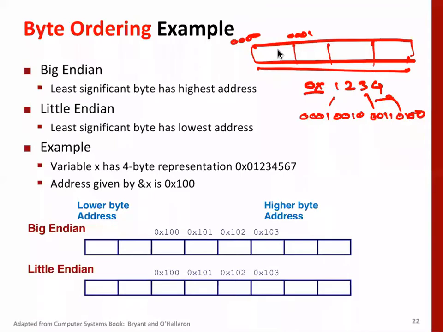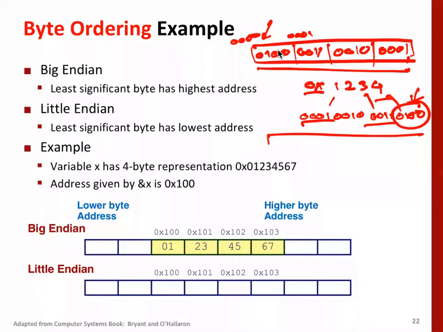Now the question is which one you are going to put where. One way of thinking is that this is the least significant byte and this is the smallest address, so put 0100 here, the second one, 0011, here, the third one, 0010, here, and then the MSB will be at the highest address, which is 0001. This is one way.